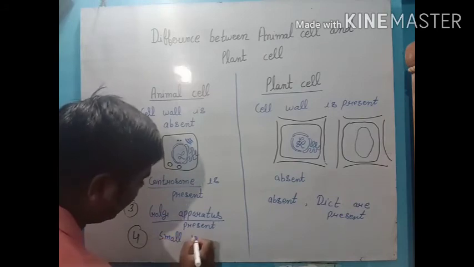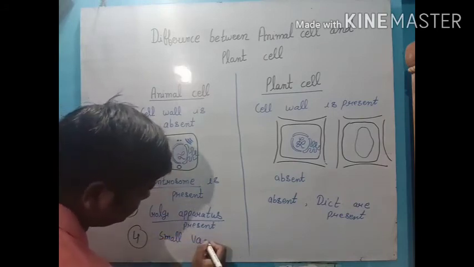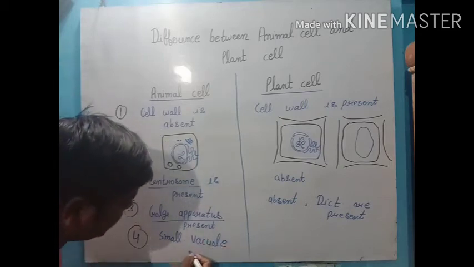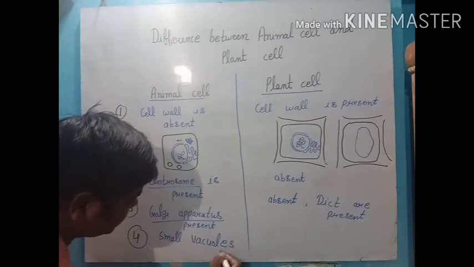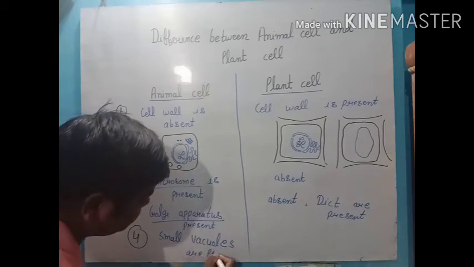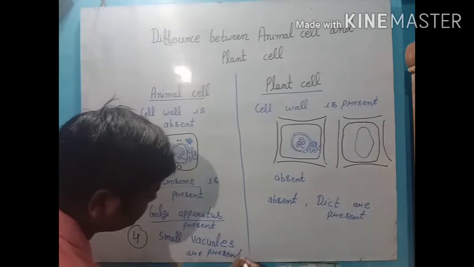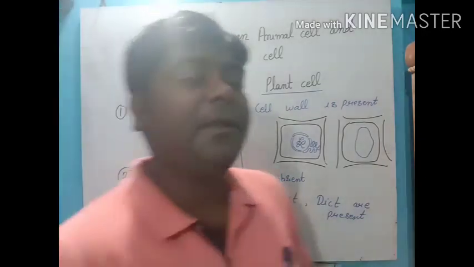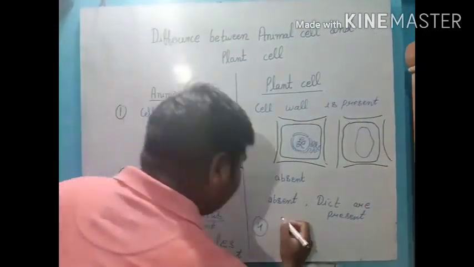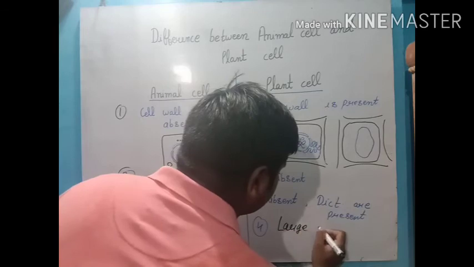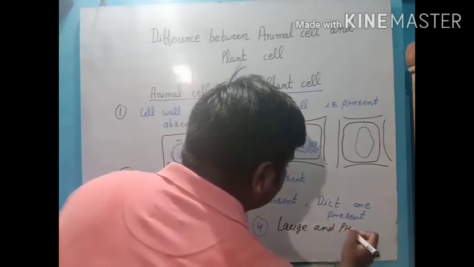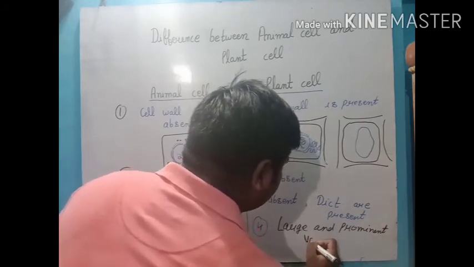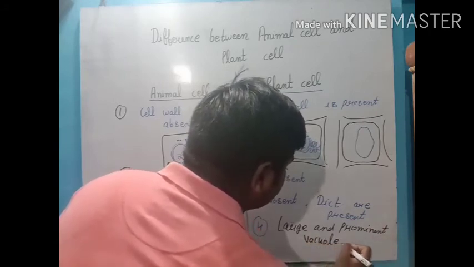Small vacuoles are present, and here we have the fourth point, a large and prominent vacuole is present.